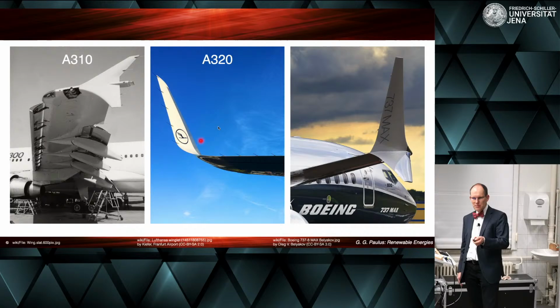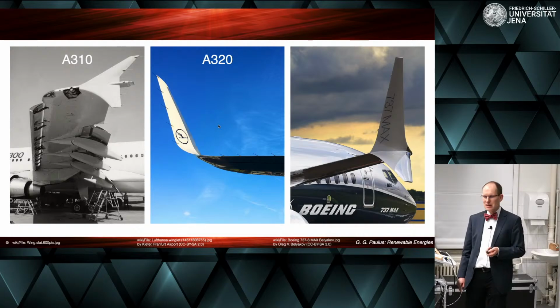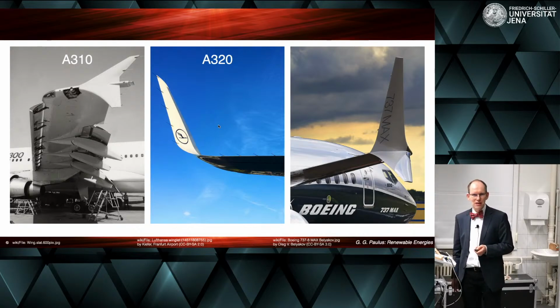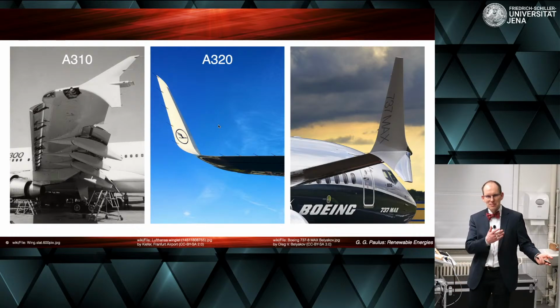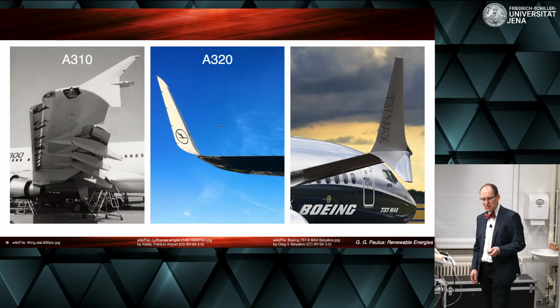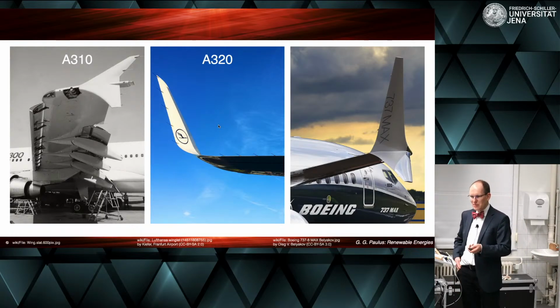And newer types look like this. Right? So very different for different airplanes. I just read that for the Airbus A380, the winglets were supposed to be so large that they didn't fit to airports, and so they had to change the design or something like that.